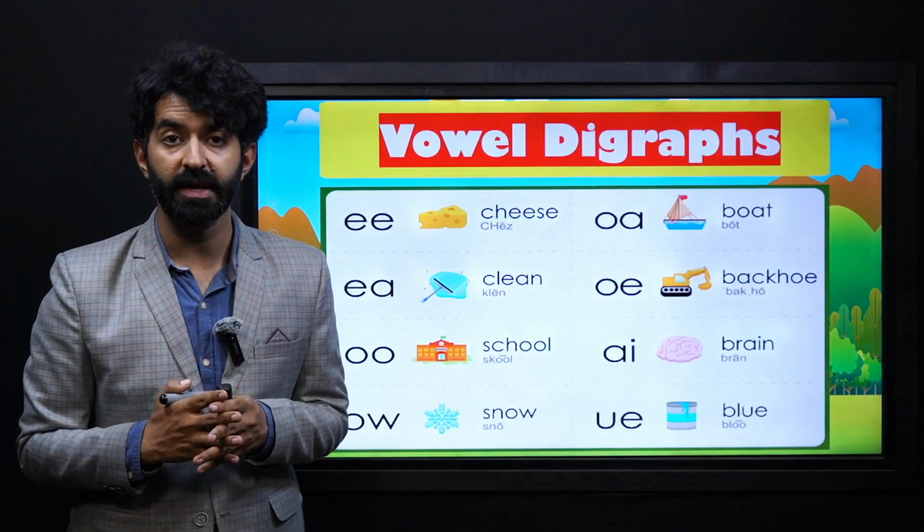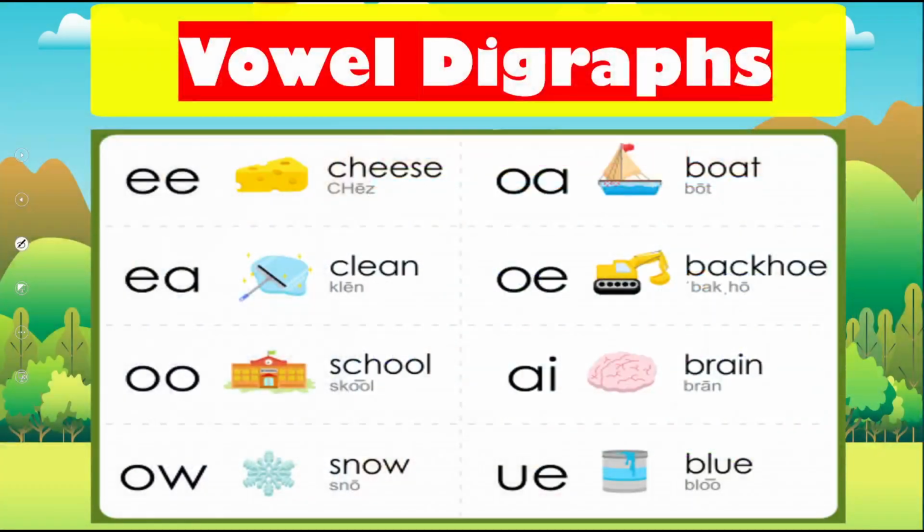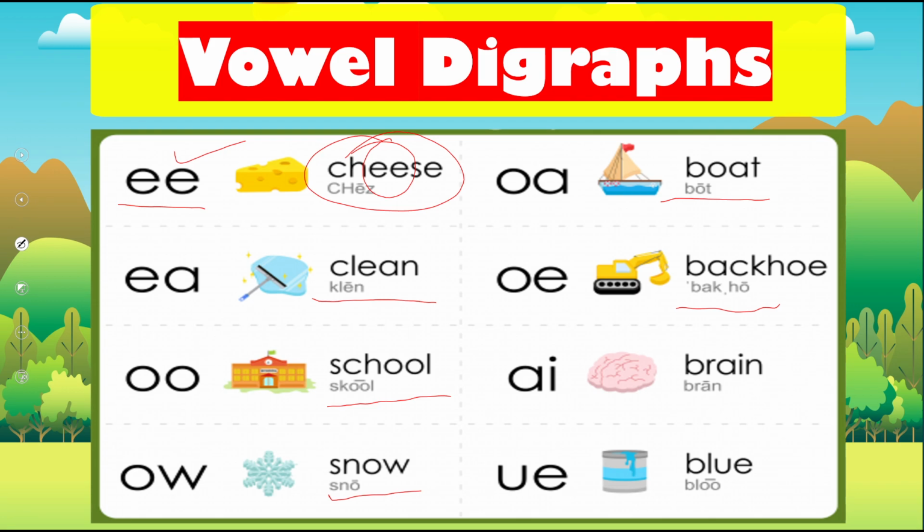Now after thoroughly seeing the vowel digraphs, let's talk about some more examples. Here in the word cheese, we have two vowels. Hence, the sound E is produced in the words clean, school, snow, boat, blue, brain.